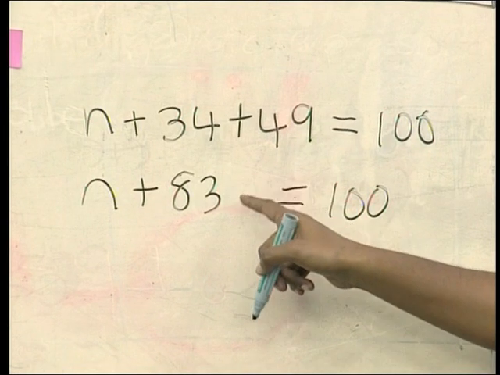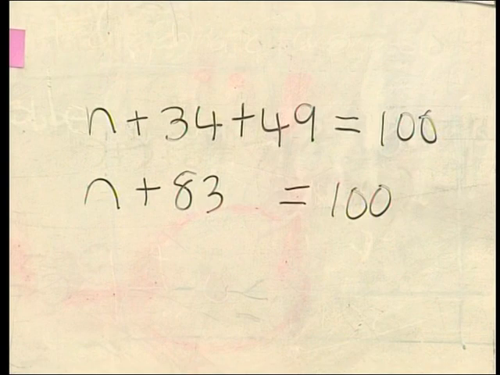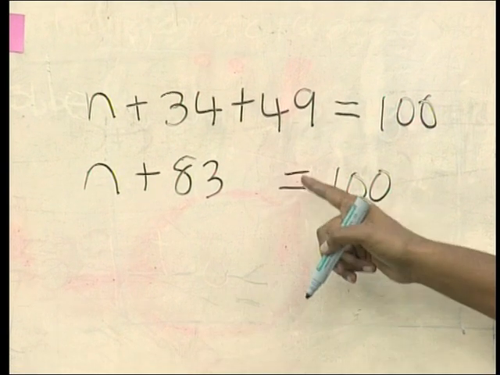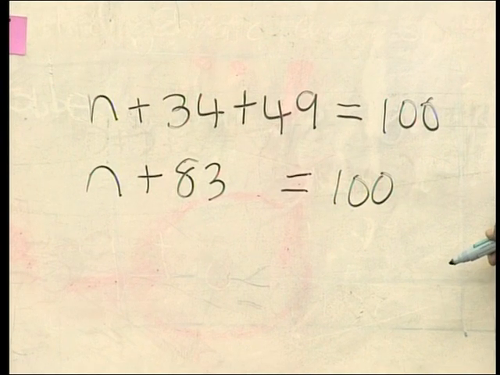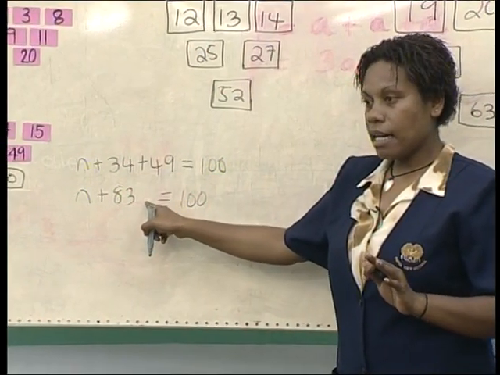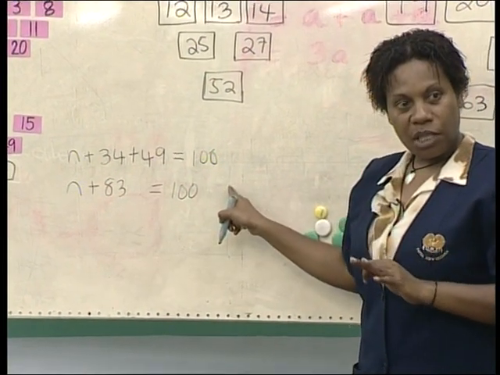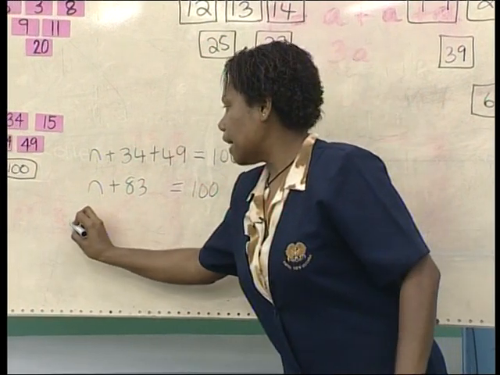So you're going to subtract 83 only on one side, or both sides? If you subtract 83 here, are you also going to subtract 83 here? Yes. So this is what I mean.